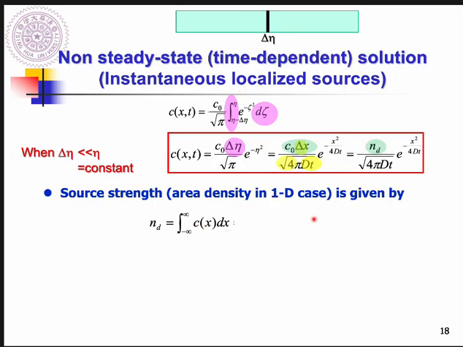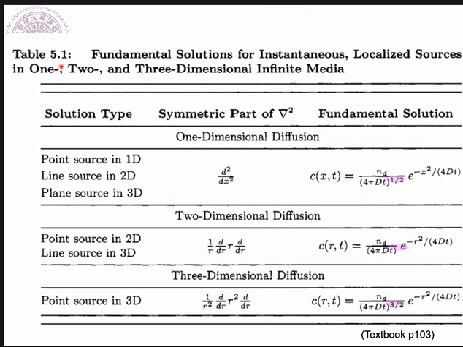Okay, so we put this as a one-dimensional case. I hope you now have more ideas about the one-dimensional diffusion case. If you check Table 5.1 in your textbook, they highlight that we do have the one-dimensional diffusion case.